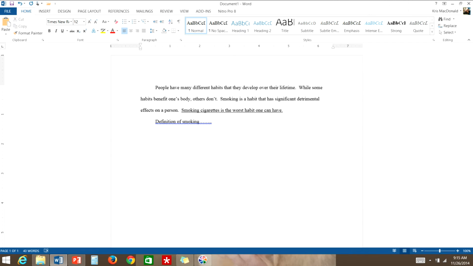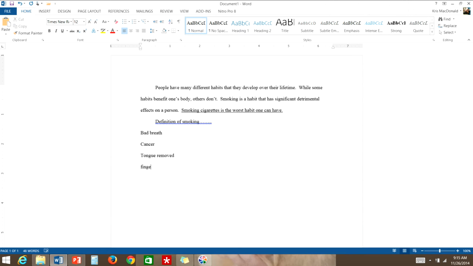So, when you're brainstorming this, let's think of why smoking cigarettes is the worst habit that someone can have. So do this with me, and hopefully I'm writing down some of the stuff that you're saying. Bad breath, cancer. You can end up having your tongue removed because of the disease.